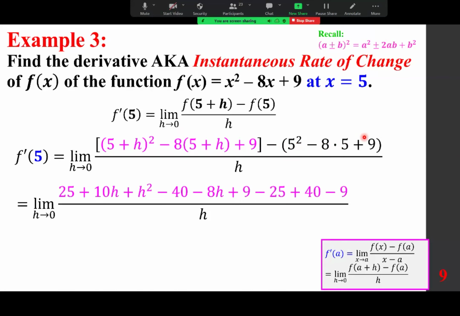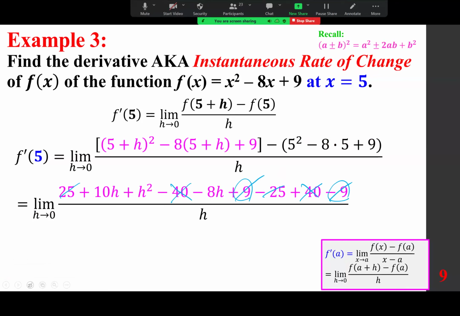The more proper way is to simplify this in one shot. However, notice when I write it in this format, what happens to the numbers. This cancels out this one because they're opposite. This cancels out this one because they're opposite. This cancels out this one because they're opposite. So there are no numbers left.